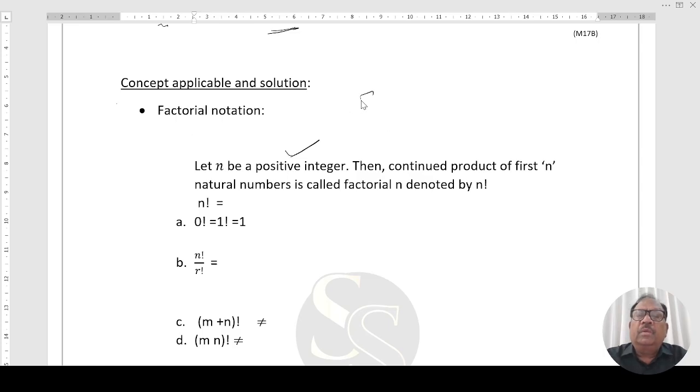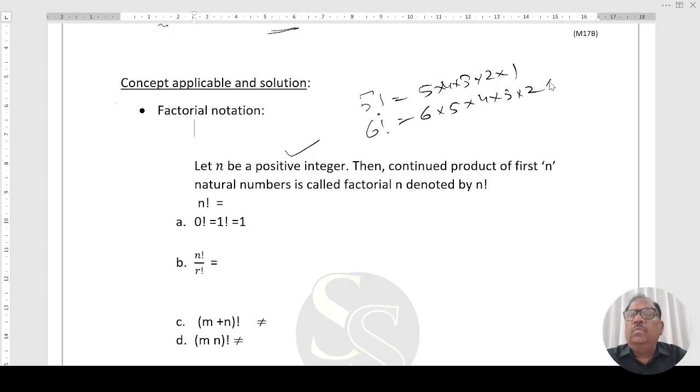Suppose factorial 5 is there: 5 into 4 into 3 into 2 into 1. Factorial 6 is 6 into 5 into 4 into 3 into 2 into 1. Or it can be stopped anywhere.